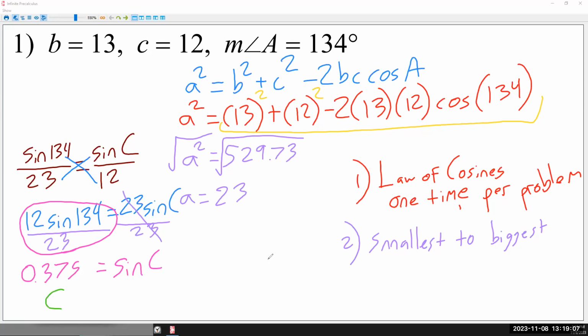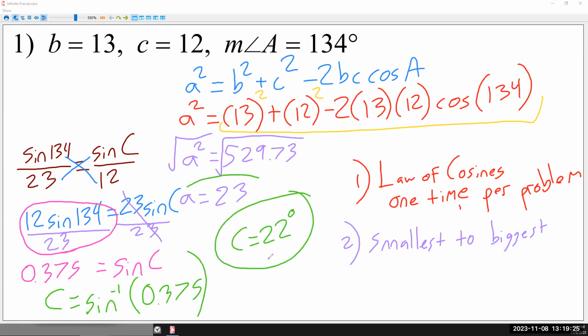And so I'm going to say angle C equals inverse sine, and I get C equals what? Okay. And so I have angle C. We had already found side A. And so once I get that second angle, I just subtract this angle and that angle from 180.